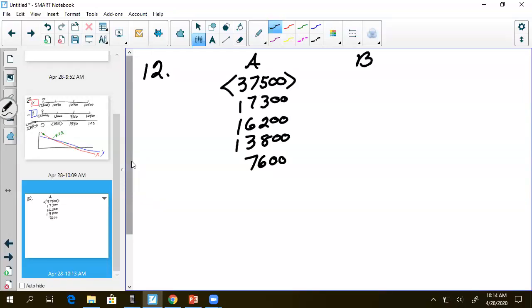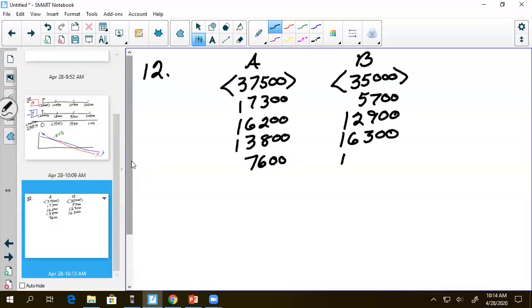And then you got project B, again, 37.5, 5,700, 12.9, 16.3, and 12.7. Wow, sorry. 20, daggone, did it again. I'm sorry, guys. 27,500. Okay. So A asks us for what is the internal rate of return for each of these projects.